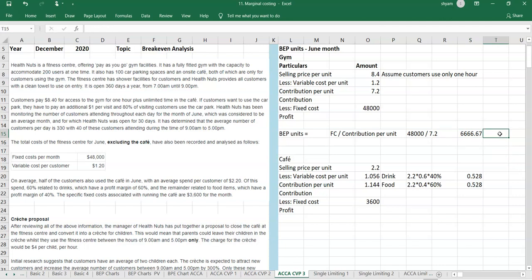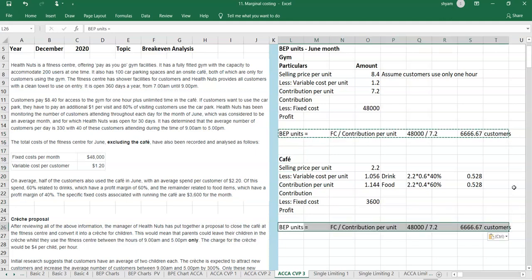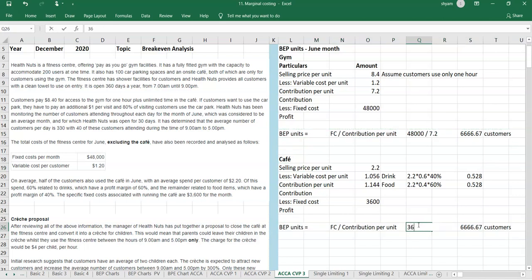The gym needs this many customers to break even. They also wanted to find out the break even for the cafe. So it would be 3,600 divided by the contribution per unit, which is 1.144. So they need at least this many customers to break even.